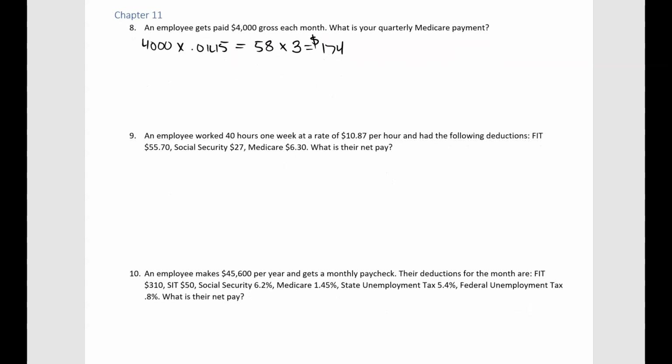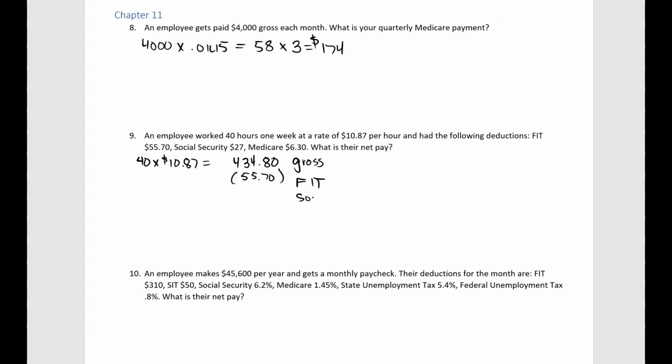Okay, number 9. An employee worked 40 hours 1 week at a rate of $10.87 per hour. Okay, let's calculate that first. 40 hours times the $10.87 is $434.80. That's his gross pay. And here he has the following deductions. FIT, which is federal income tax, was $55.70.